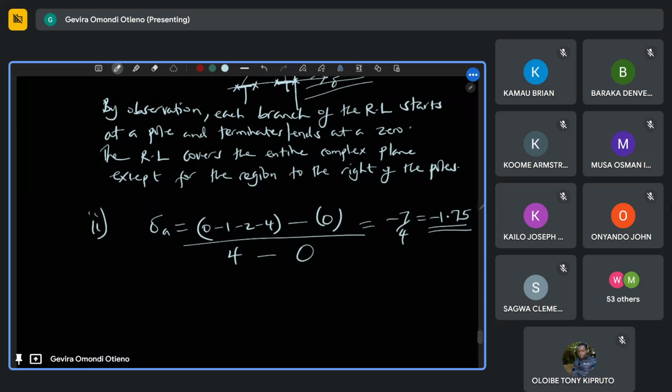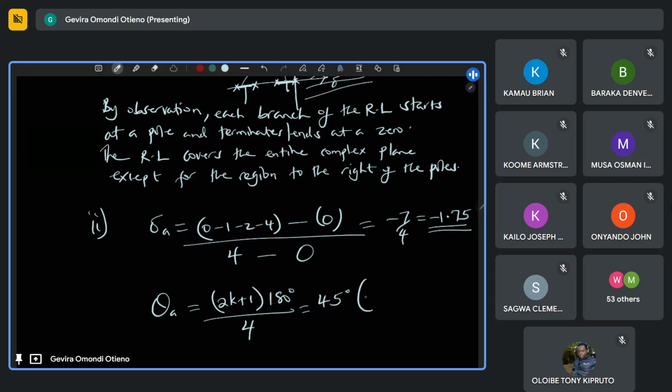And of course, the angles would be 2k plus 1 into 180 degrees over 4, which is the same as saying 4 goes here how many times? 45.